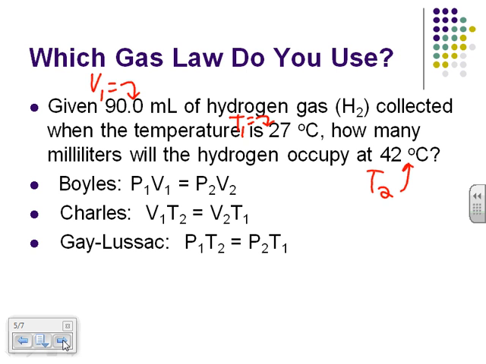It says how many milliliters. Volume 2 is equal to question mark. So now we have a formula with the knowns and unknowns. We need to choose the formula with volume and temperature. Well, that would be Charles's law, dealing with volumes and temperatures. And there's our equation. We just plug the numbers in.